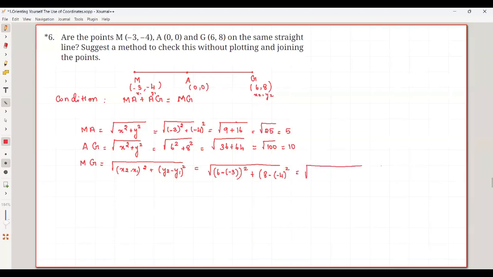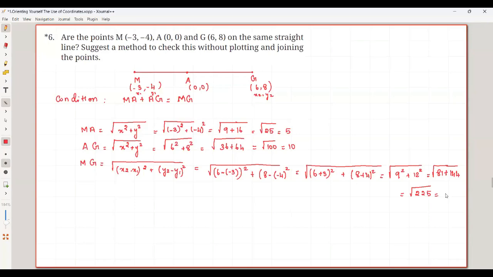Just simplify it. Minus of minus is plus, so 6 plus 3 the whole square plus 8 plus 4 the whole square, which is 6 plus 3 is 9 the whole square plus 12 the whole square. 9 square is 81 plus 12 square is 144. 81 plus 144 is 225.